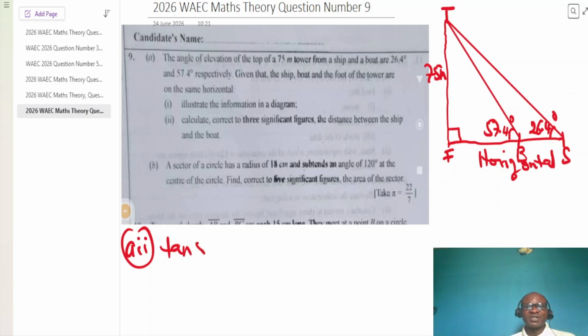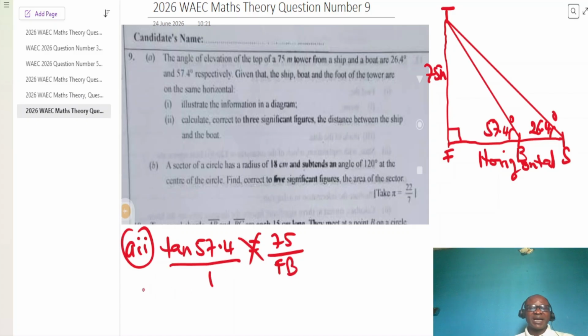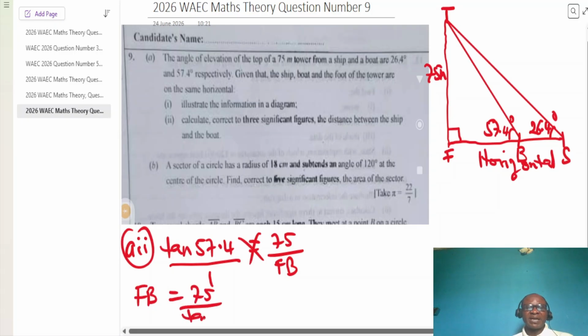So tan 57.4 is equal to 75, the height of the tower, which is the opposite, all over FB, that is the distance between the boat and the foot of the tower. Therefore, by cross multiplication, the distance between the boat and the foot of the tower is going to be 75 divided by tan 57.4.